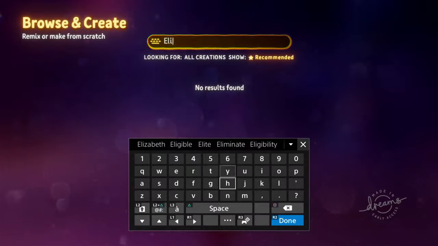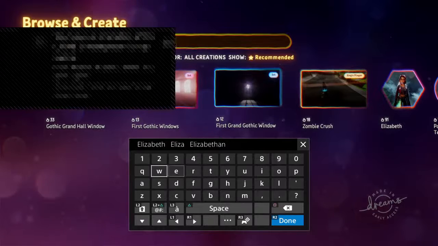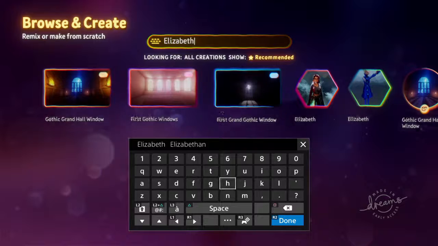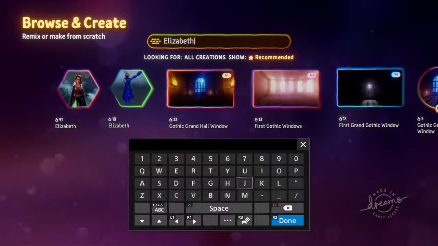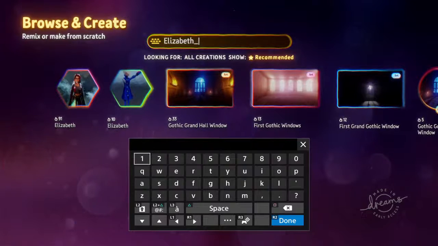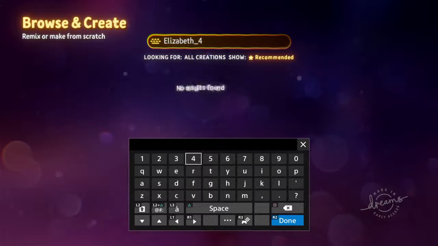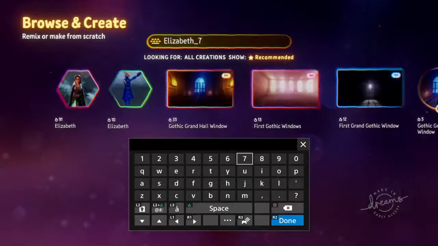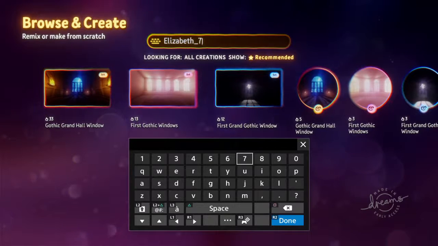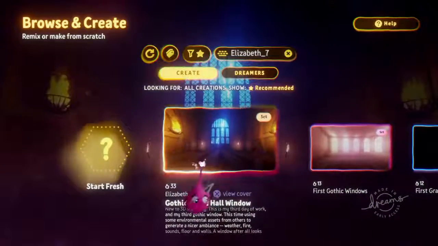Is it Lizzie? Send another message so I know what numbers to put in. There it is.